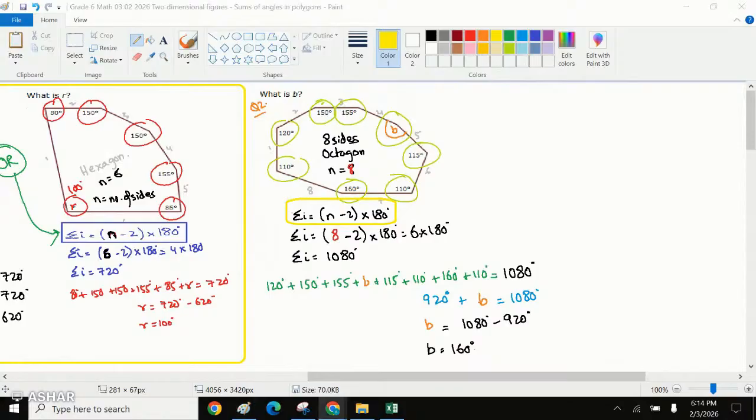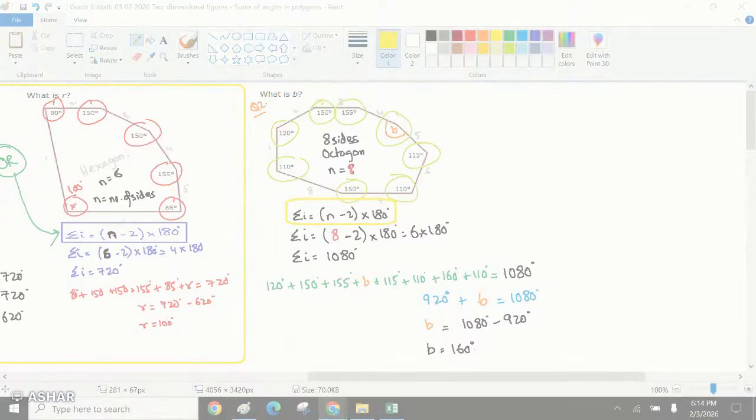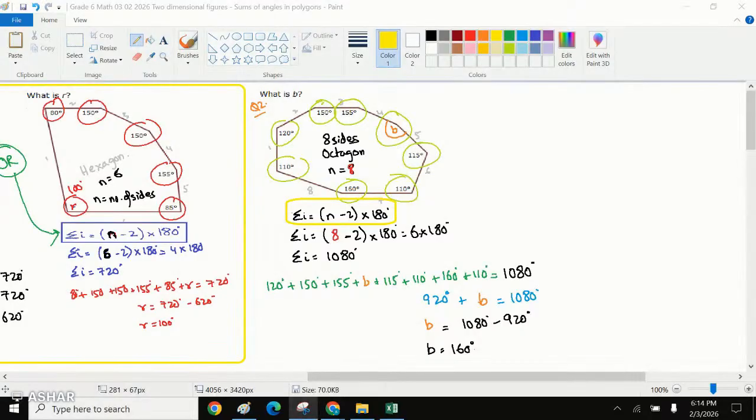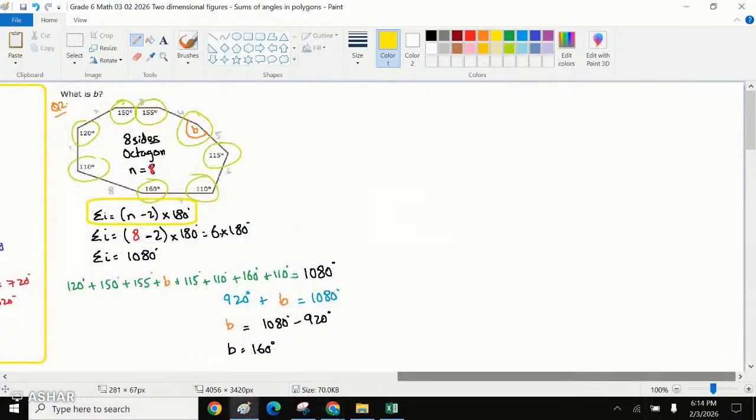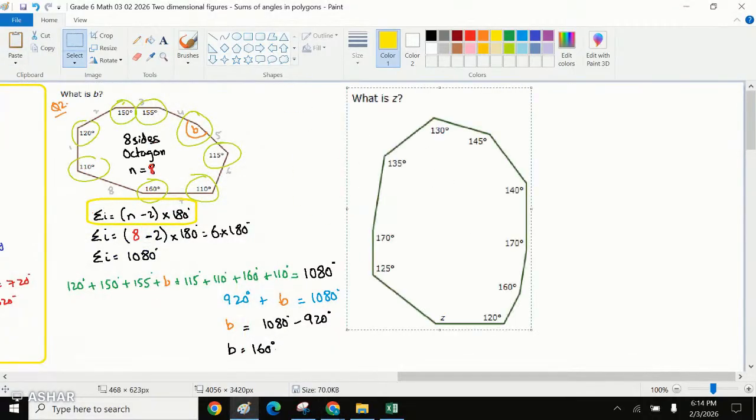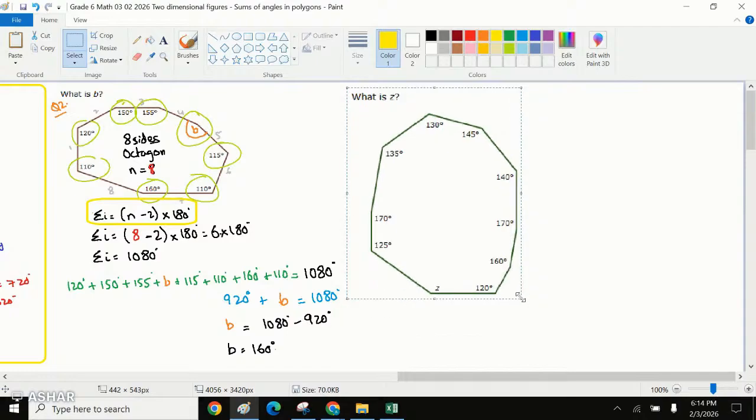Okay. If we have another shape, what it says is find the missing angle Z. Let's say if this was given to us, if we need to find the missing angle Z in this question, question number 3.